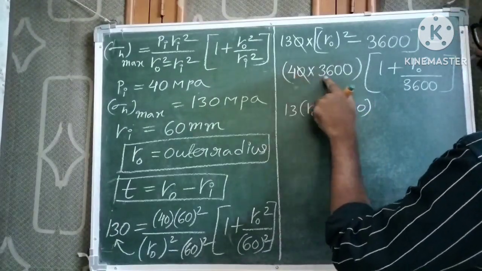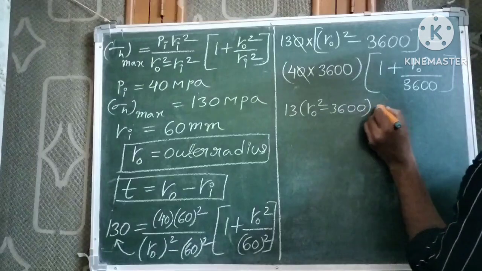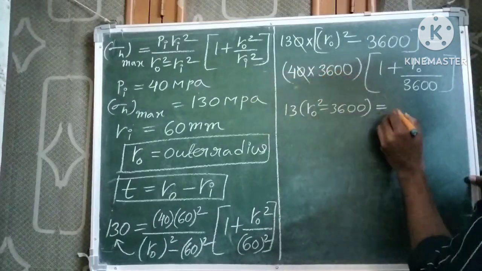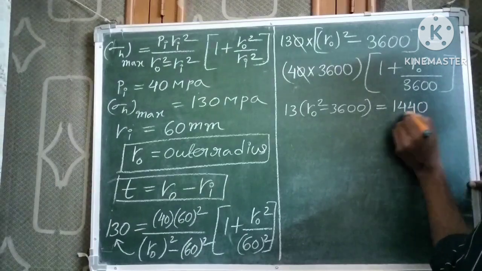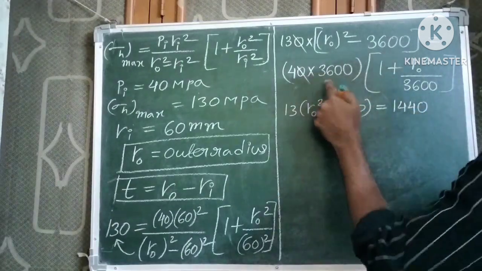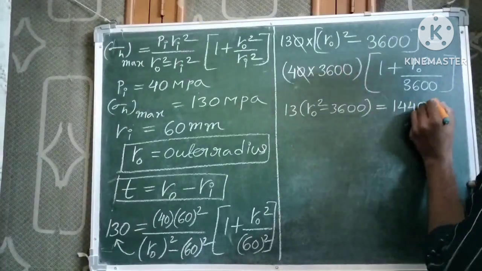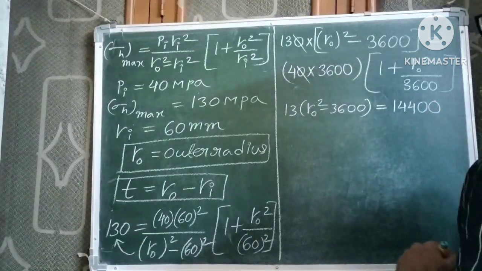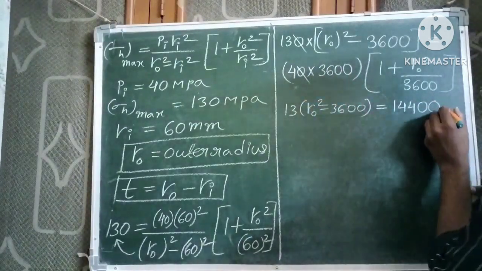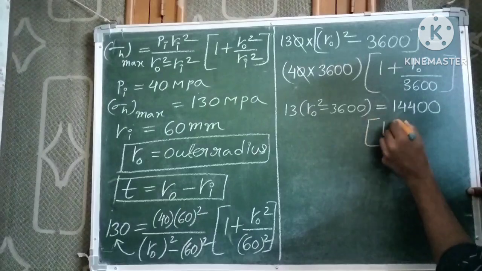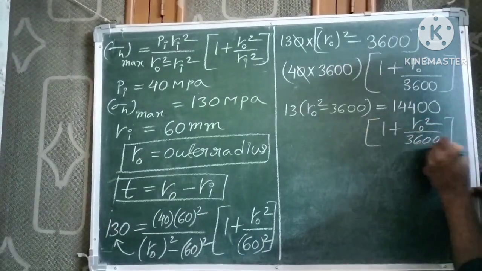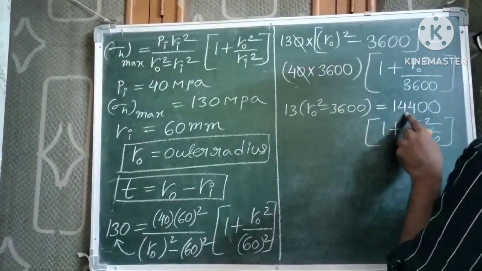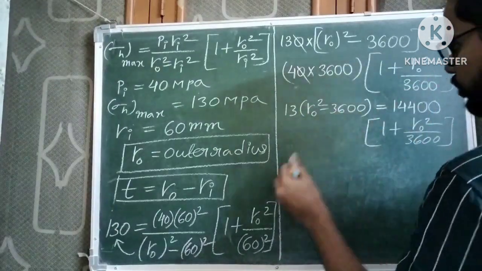First of all, let us simplify further. 40 into 3600 is 144,000, so cancelling a zero we get 14,400 into 1 plus R naught square by 3600.